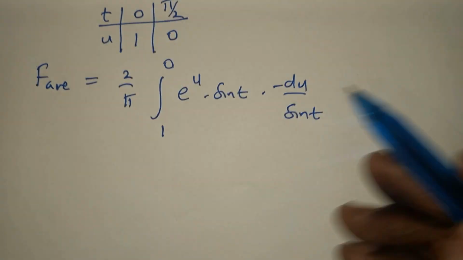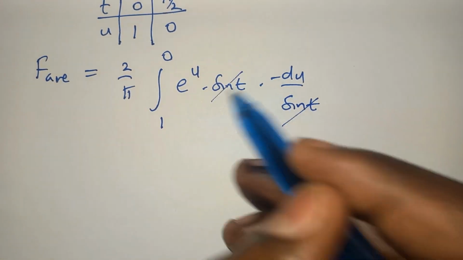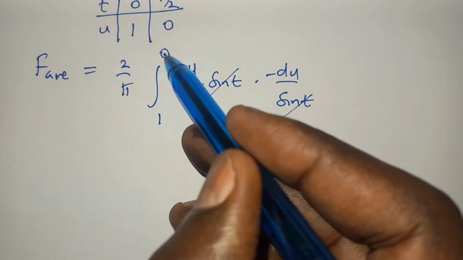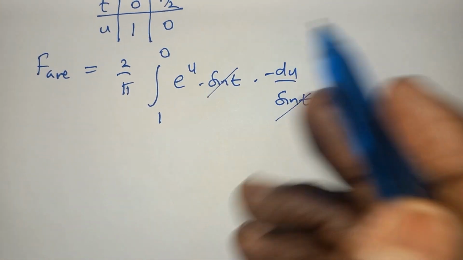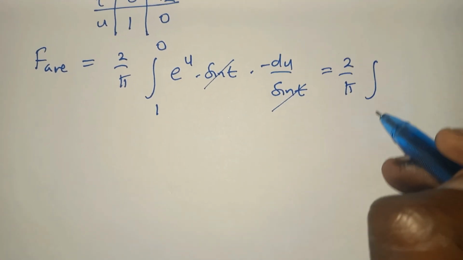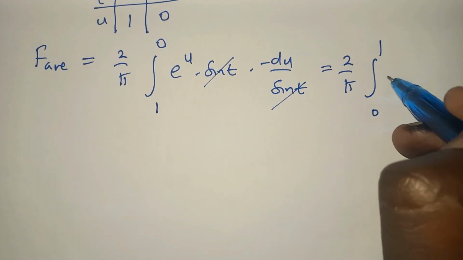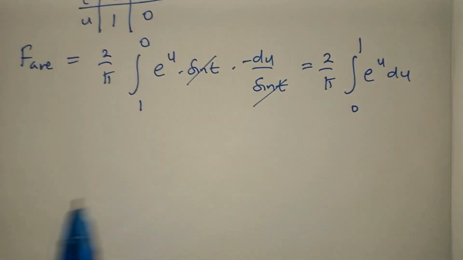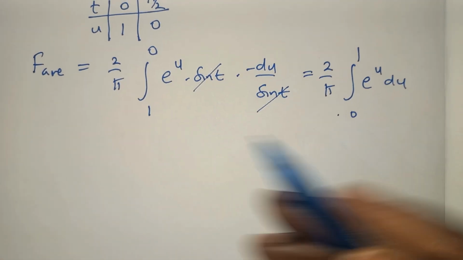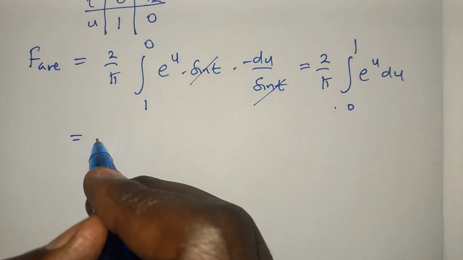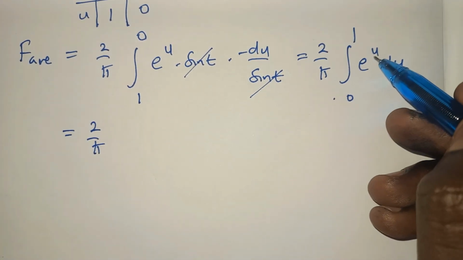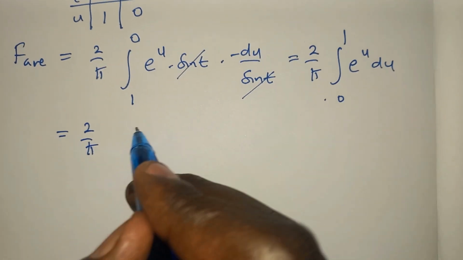Now, sin t and sin t will cancel, and we can use the negative here to flip the limits so that we have 2 over pi, integral from 0 to 1, e^u du. Remember, the limits are now in terms of u. So this will become 2 over pi. Integral of e^u du is e^u.